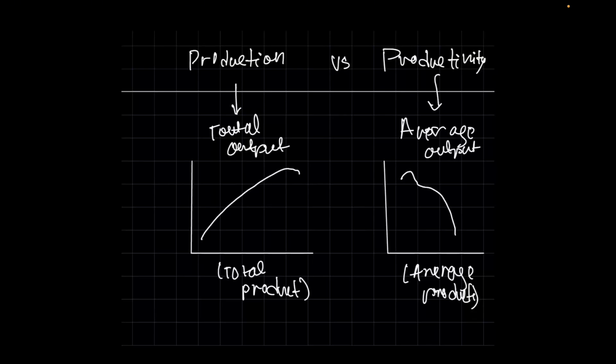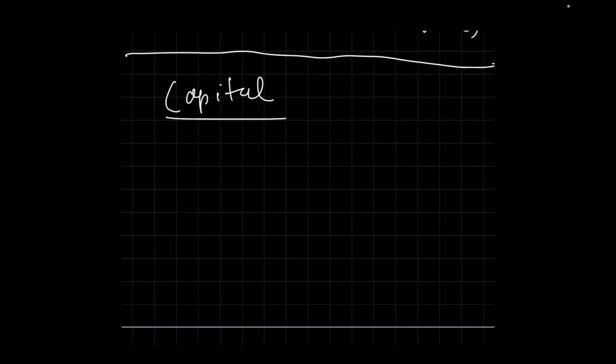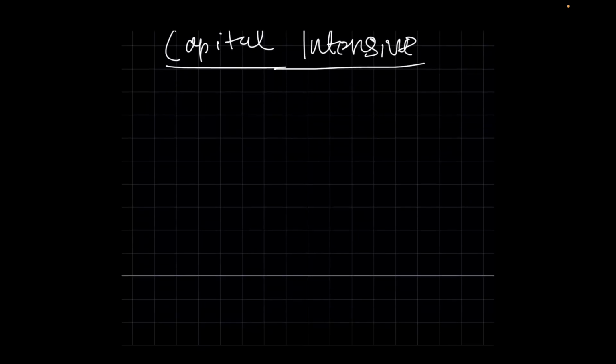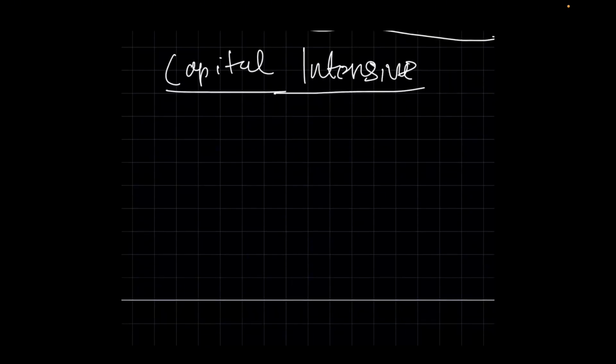Now let's try and understand the different approaches that firms take to producing products. Whenever you look at production, you have capital intensive and you have labor intensive. Before we move on to labor, let's look at capital intensive.